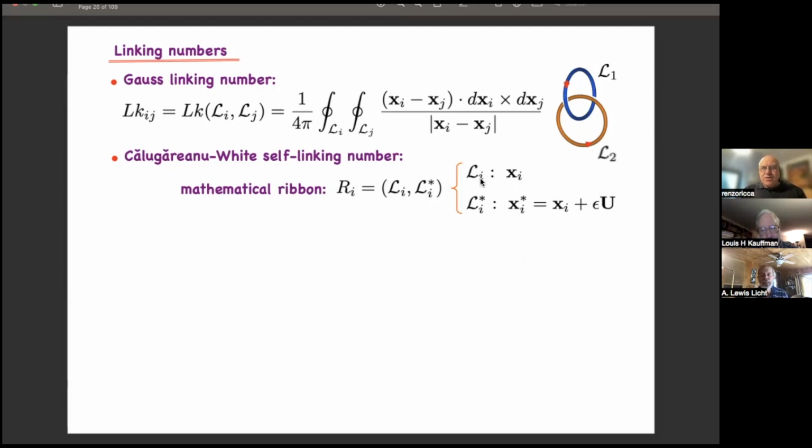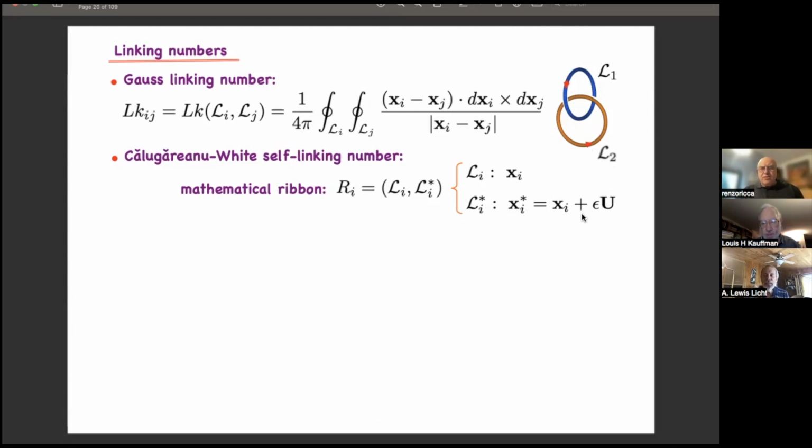Now, imagine that we have one component of this link, and then we construct the second component, let me call it Li star, based on the first component. And on the first component, we add a unit vector field that we may call a frame.